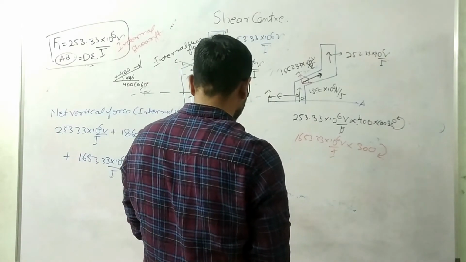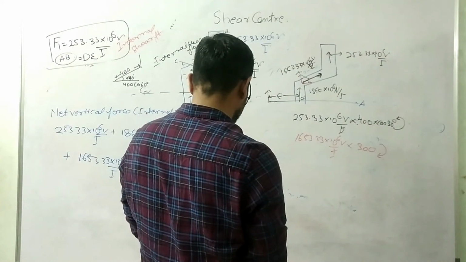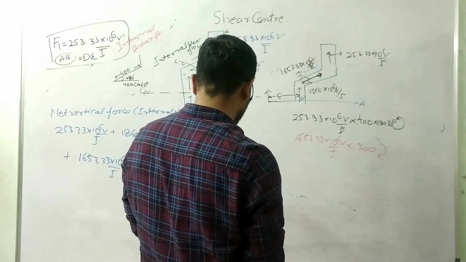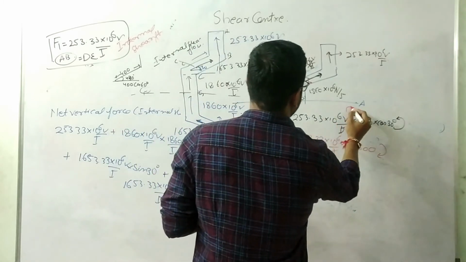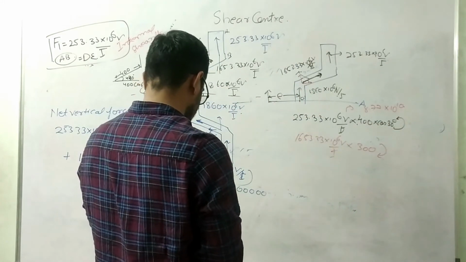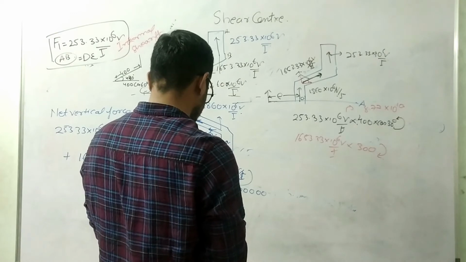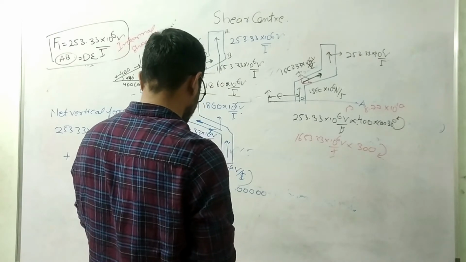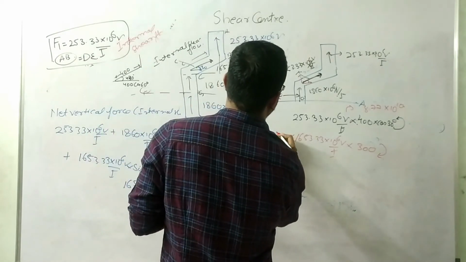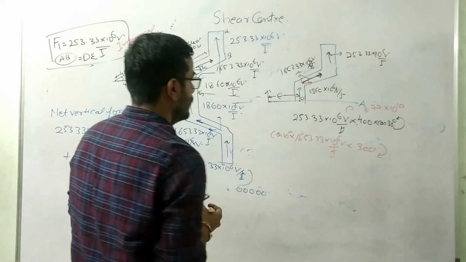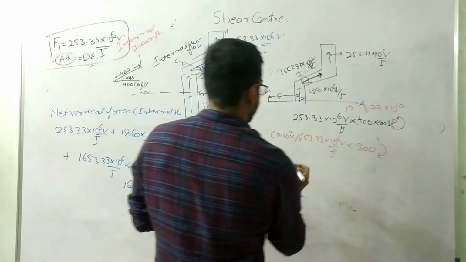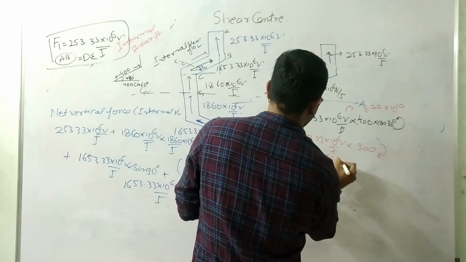So it will be 253.33 × 10^6 into 400 cos 30, and this value comes out to be 8.77 × 10^10. Then 1653.33 × 10^6 into 300 into cos 30 is 4.29 × 10^11.